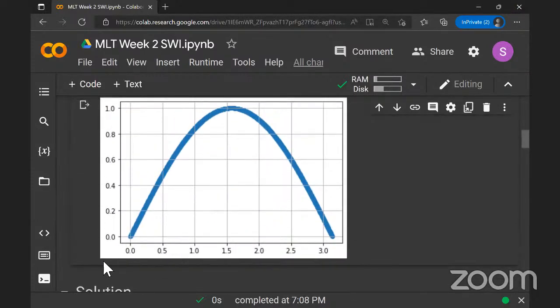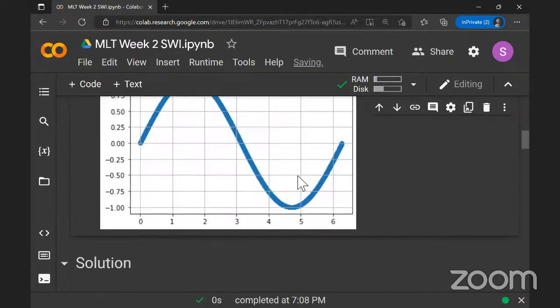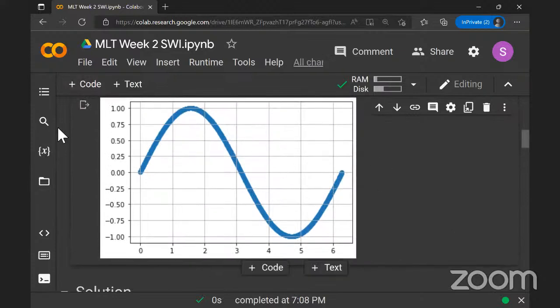This is how it looks like. From 0 to pi. I think I should have just 2 pi. See, so this looks like a complete cycle of a sine curve, right?